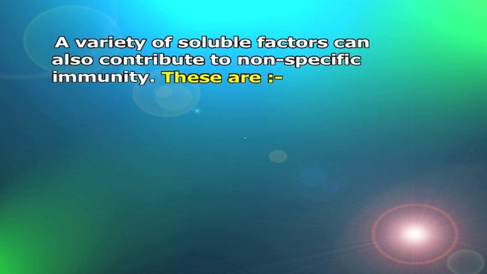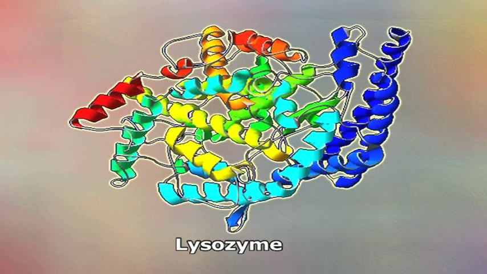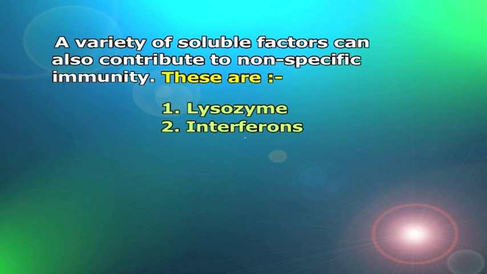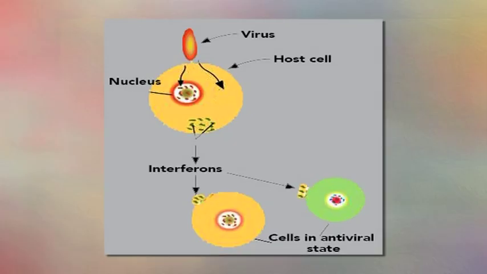These are: number 1, lysozyme, a hydrolytic enzyme found in mucus secretions, is able to cleave the peptidoglycan layer of the bacterial cell wall. Number 2, interferons, a group of proteins produced by virus infected cells.